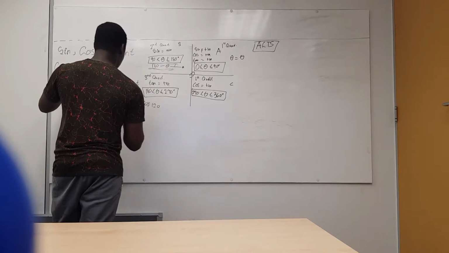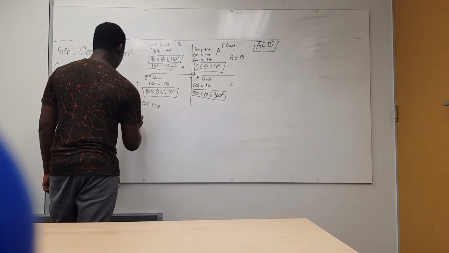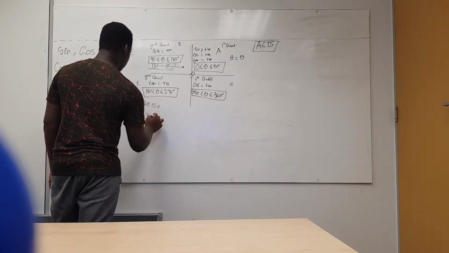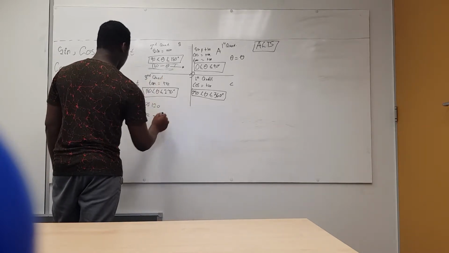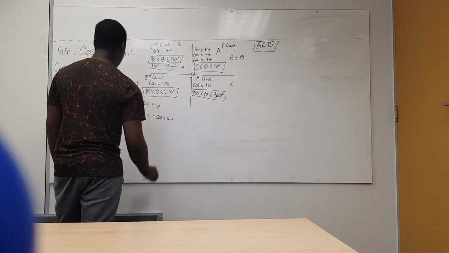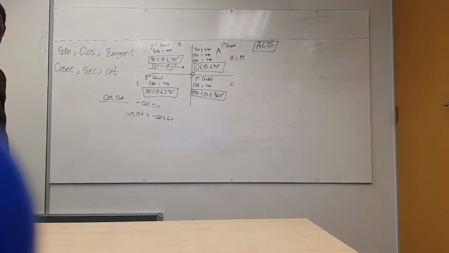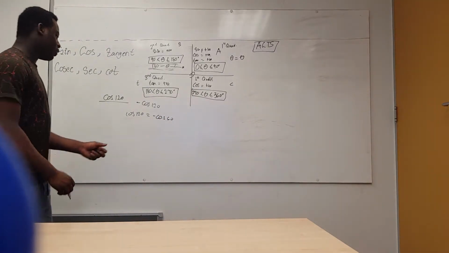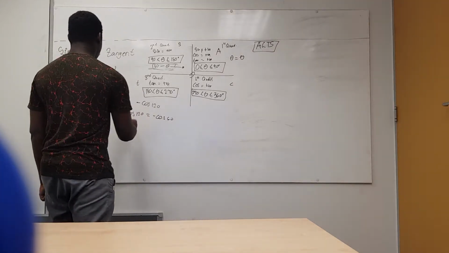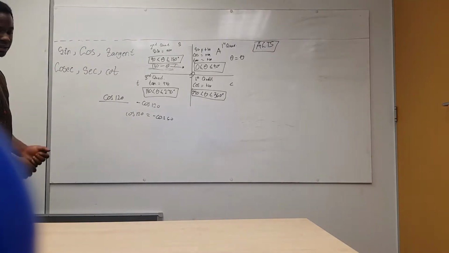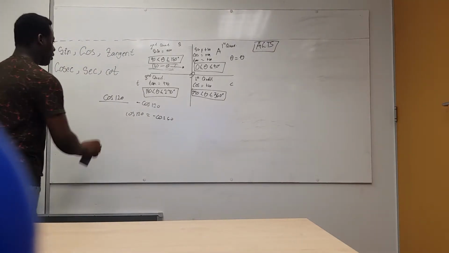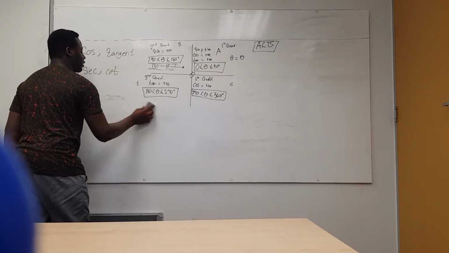So cosine of 120 is equal to negative cosine of 180 minus 120, which is 60. I didn't bring my calculator, but you can check. You'll see that it's the right answer. Okay, so that's that for the second quadrant.